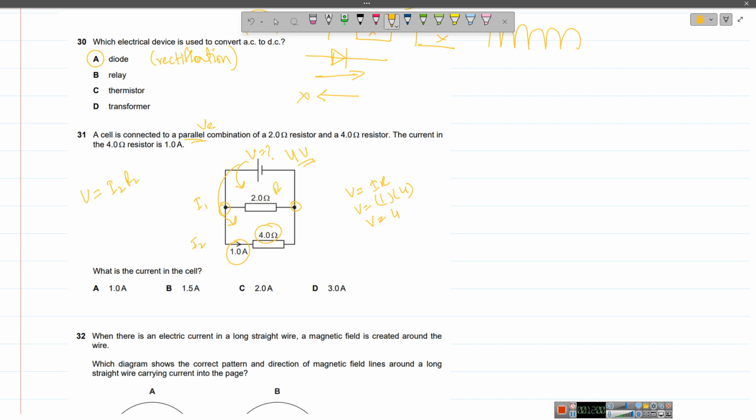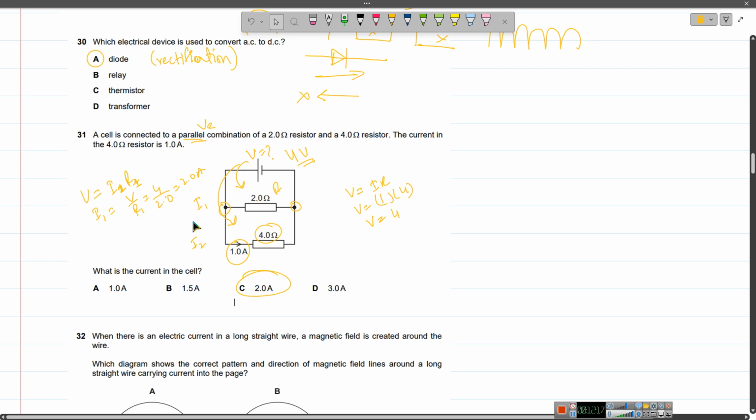Let's call it, sorry, R1 and this. And voltage is common, so we can calculate the current. I1 is equal to V over R1. That is going to be 4 divided by 2.0, that is 2.0 amperes. So 2 amperes. Just repeating the formula twice, one for one resistor, calculate the voltage from there, and then apply the same formula again to calculate the current in the other one.